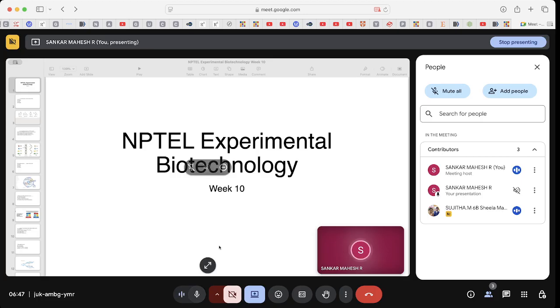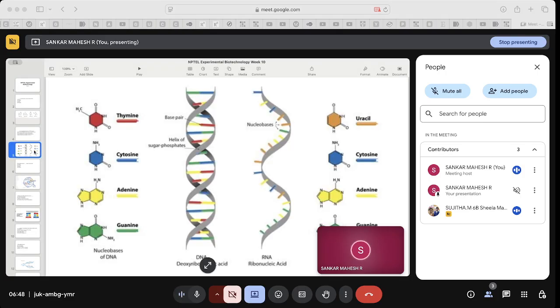Sorry, calculate as in? You will never be able to calculate it before you get your PCR done. The only thing that you can do is, once you finish your PCR, run it on a gel, and based on the intensity of your product, you will get an idea.